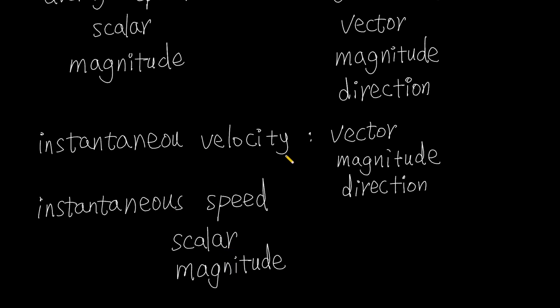And the instantaneous velocity at a point equals the slope of the tangent to the position time graph at that point. And the instantaneous speed equals the magnitude of the slope of the tangent to the position time graph at that point.